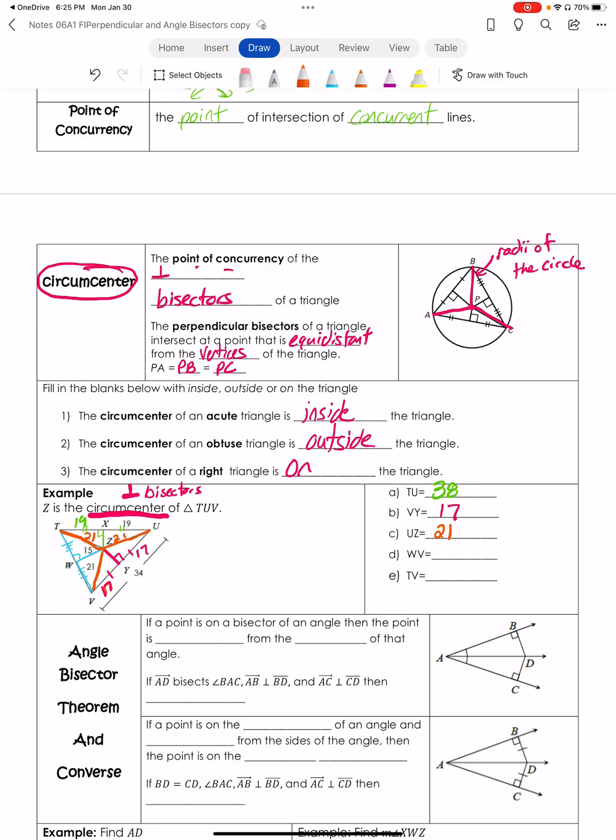WV is going to be a bit more challenging, because we have this little right triangle right here.